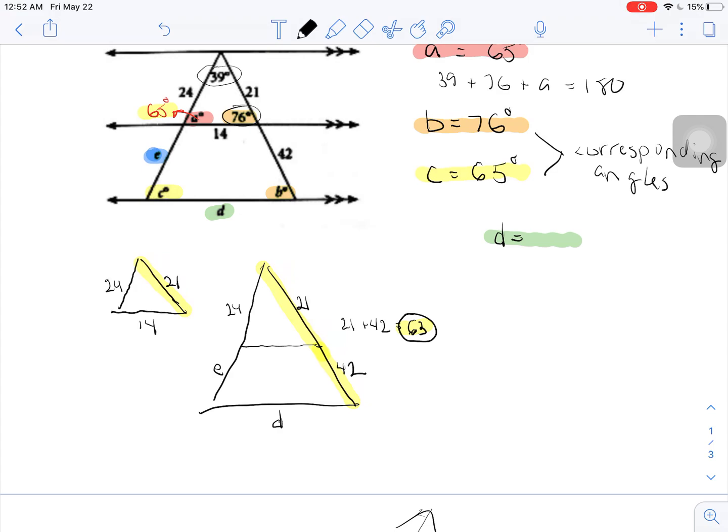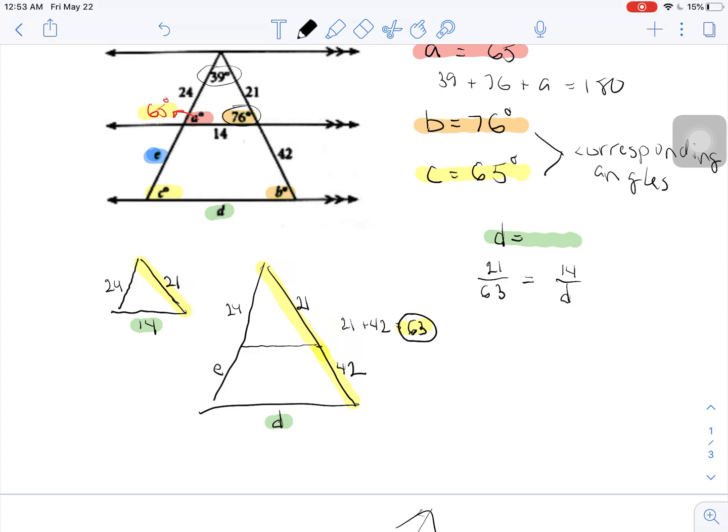In this case, we know the right side of both triangles. So I can start by making a ratio of those two right sides: little triangle compared to big triangle, 21 matches with 63. I have my little triangle on top and my big triangle on bottom, so I want to keep it that way. Now I can make a ratio with what I am trying to figure out. D is the bottom side, so it matches with the bottom side of the little triangle. Since the ratios are the same, 21 over 63 should be the same as 14 over whatever D is.